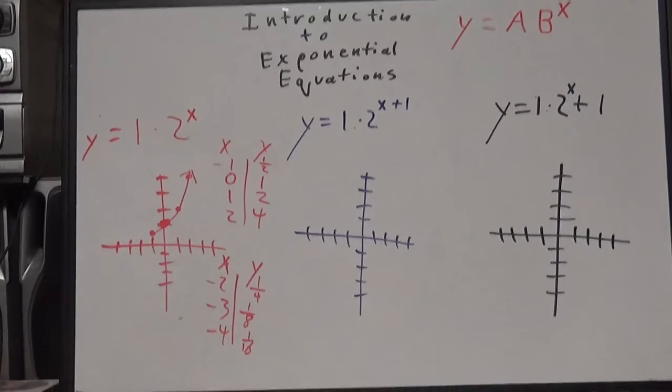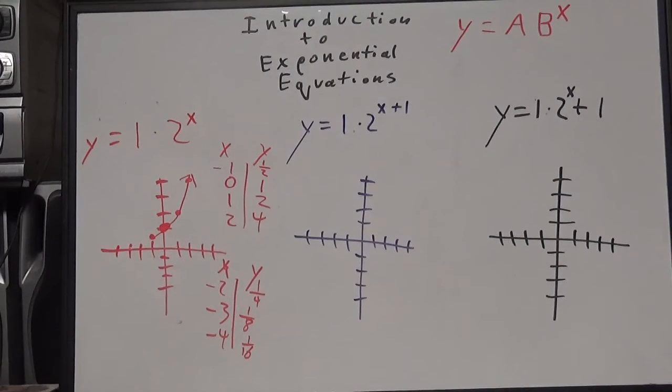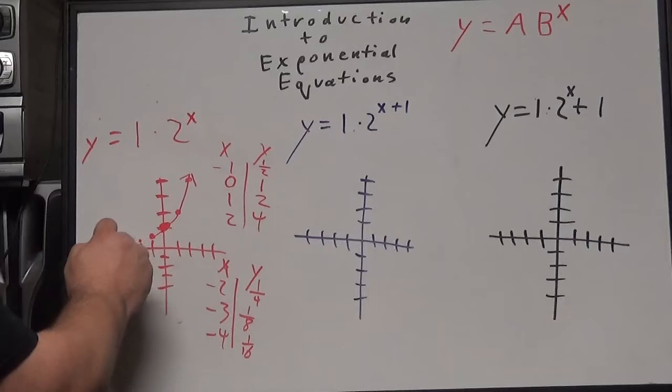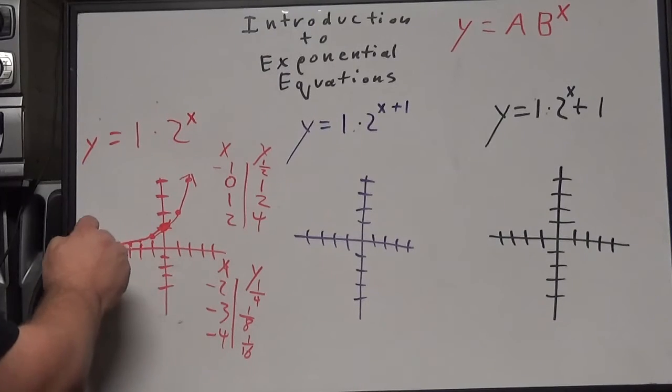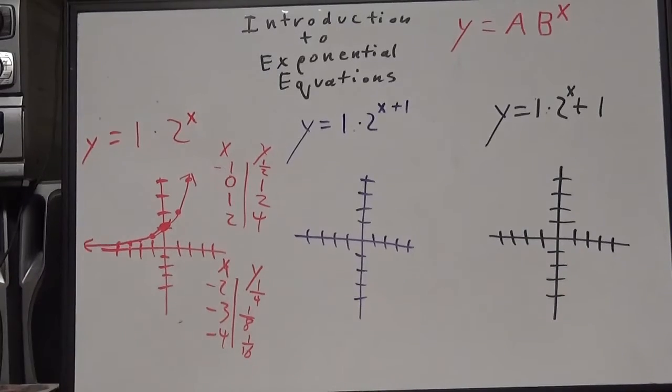What I hope you notice is it's being cut in half every time. And if we graphed it, this is what it would look like. The y values are being cut in half every time, being divided by 2, essentially.